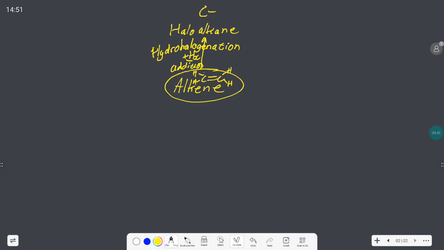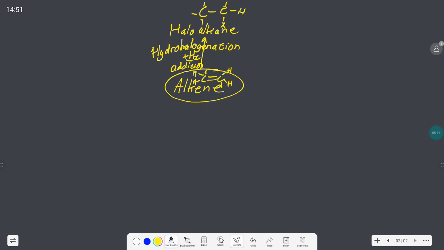We'll have single bonds carbon, and here will be my halogen, and my hydrogens will add to the rest of them. So since I'm adding with a hydrogen and a halogen, it will break this double bond. So this one will have its own single bond, this one will have its own new single bond. And then all of its orbitals will be filled.